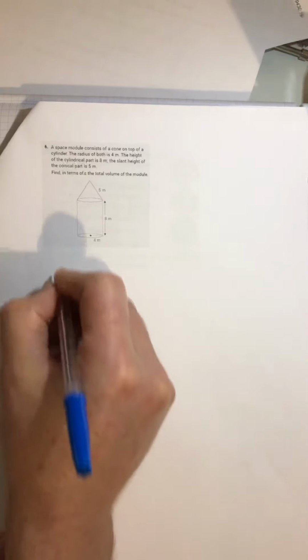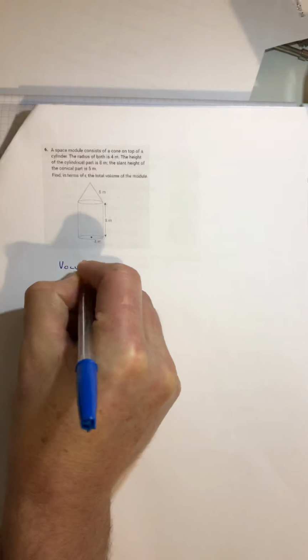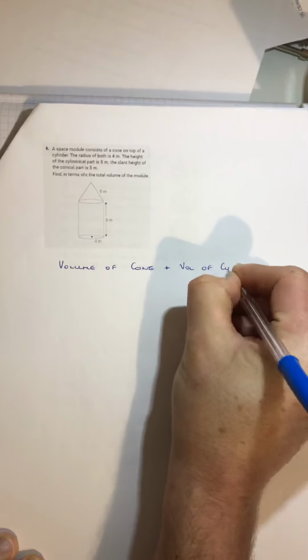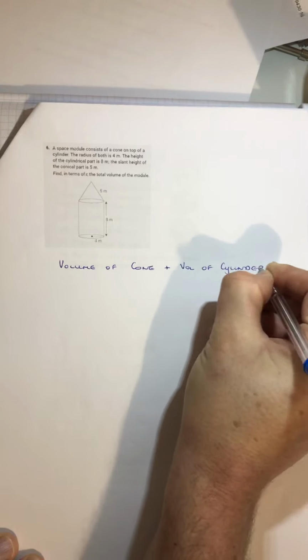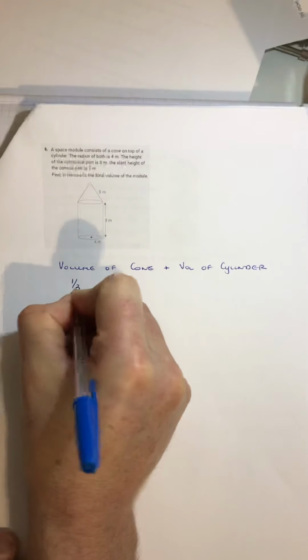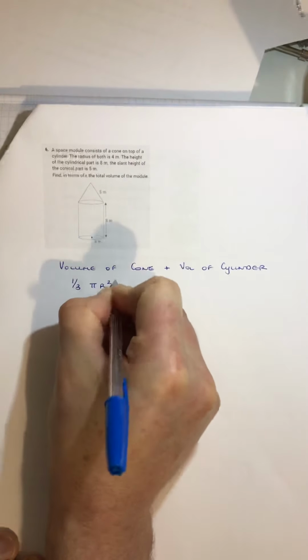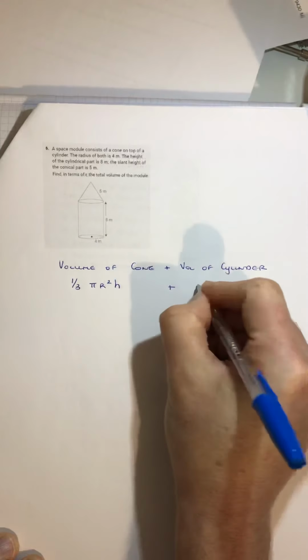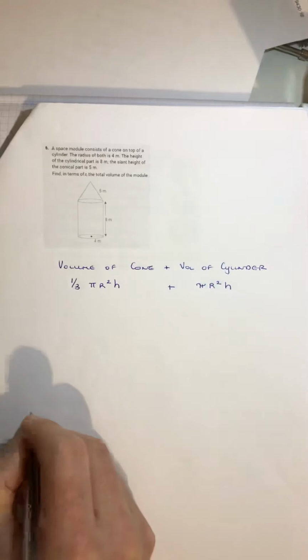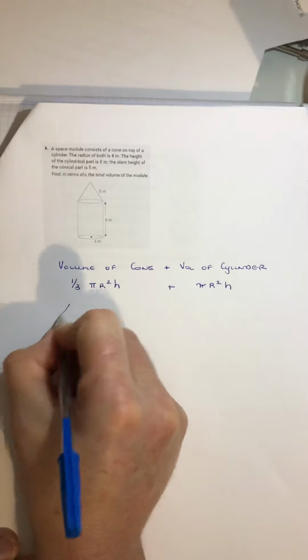So the total volume is going to be the volume of a cone plus the volume of a cylinder. Right? So the volume of a cone is 1/3 pi r squared h, and the volume of a cylinder is pi r squared h.